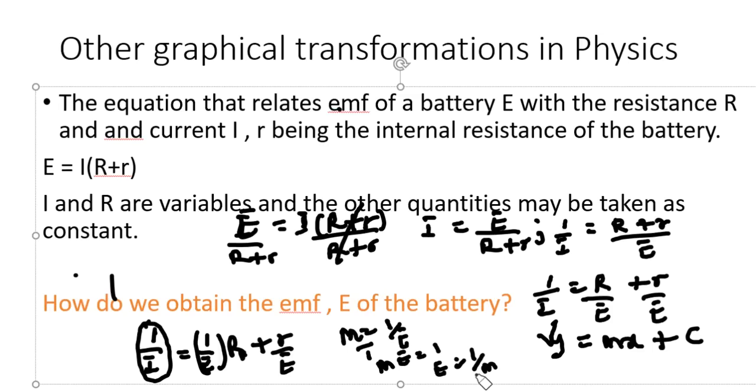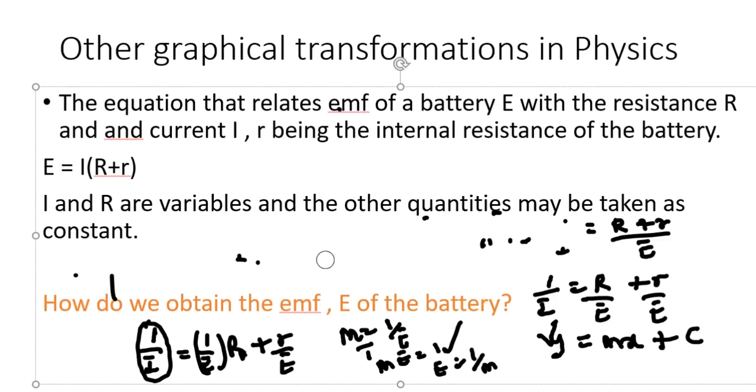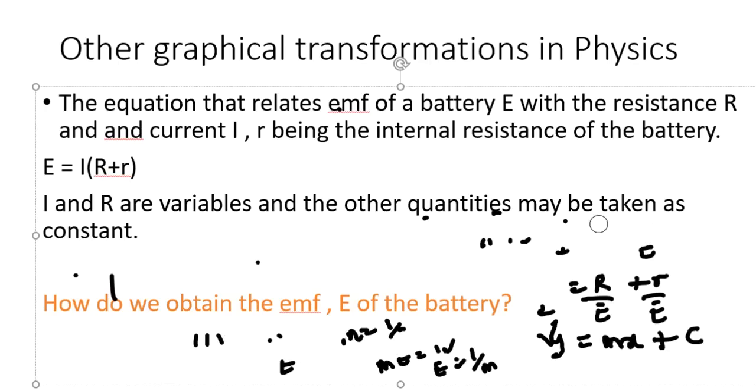M. So the inverse of the slope gives us the EMF of the battery. So these are the importance of graphical transformation. Of course, a direct plot of I against R will not give us what we are looking for. So this is very helpful in physics.